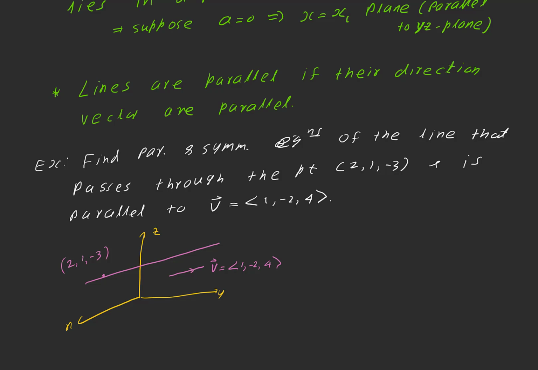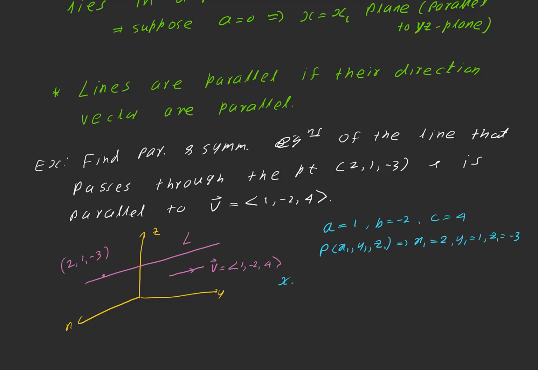To find the equation, we need the direction vector and a point on the line. We know those, right? Comparing with the theory I explained above, the direction vector is V, so a is 1, b is negative 2, c is 4. And the point P is (x1, y1, z1), so x1 equals 2, y1 equals 1, z1 equals negative 3.